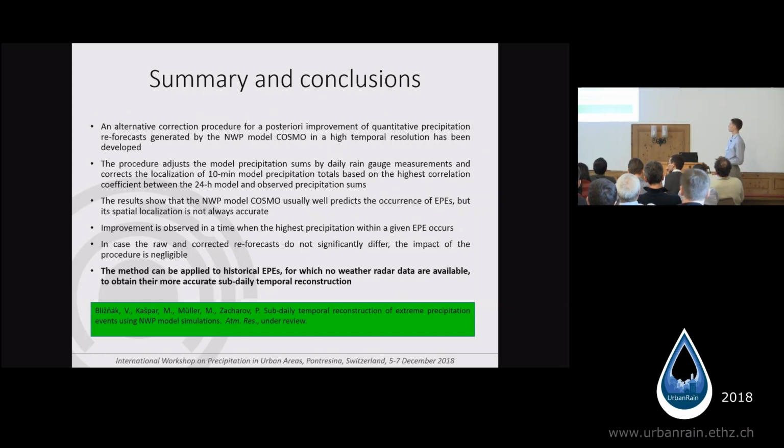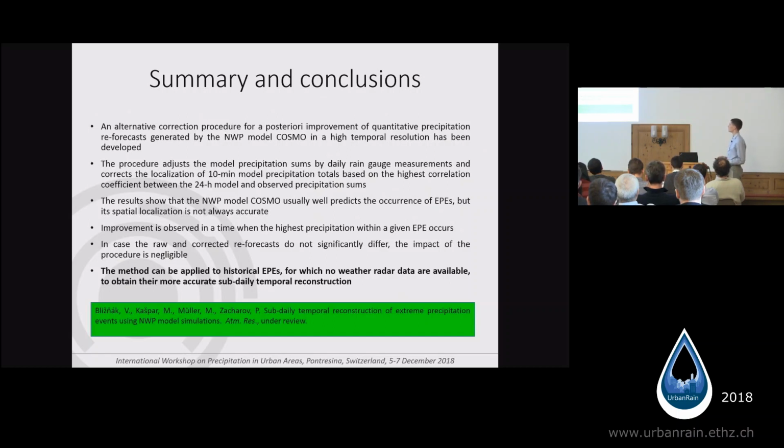The results show that the model Cosmo usually predicts the occurrence of events well, but its spatial localization is not always accurate. This is usually the case for more localized convective precipitation, where the impact of the correction procedure is most evident. A detailed temporal analysis showed an improvement when the highest precipitation within a given event occurs.